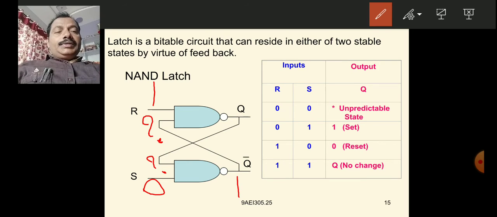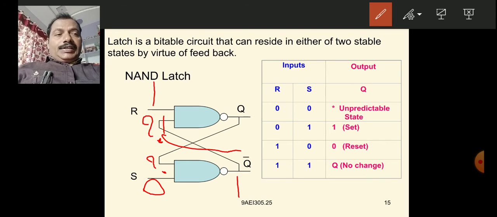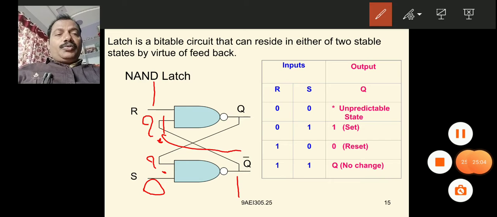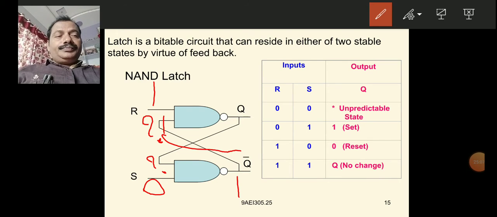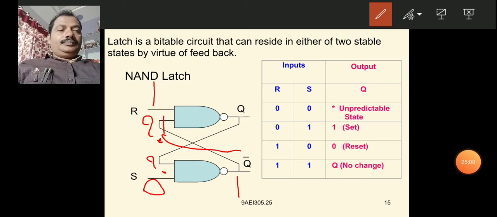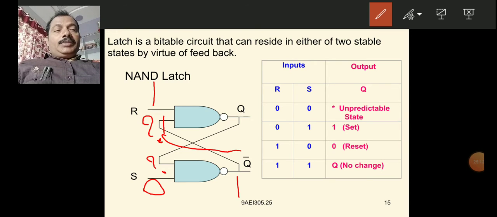Now this output 1 is fed back to here. Now both the inputs are 1, 1. It is known. In the top NAND gate, both the inputs are known now. Hence, the output can be determined. What is the output? 1 1 means the output is 0.